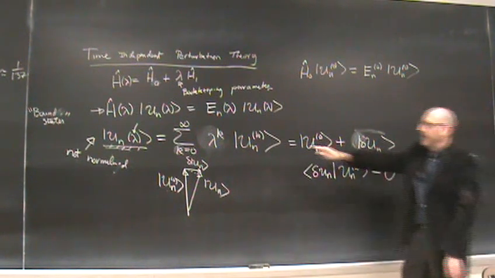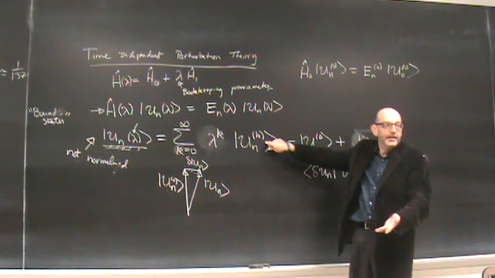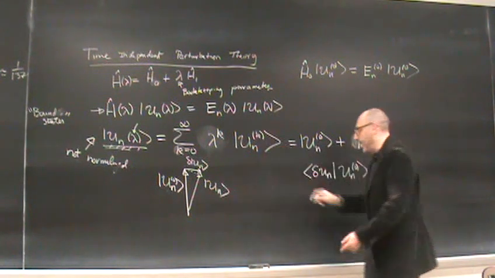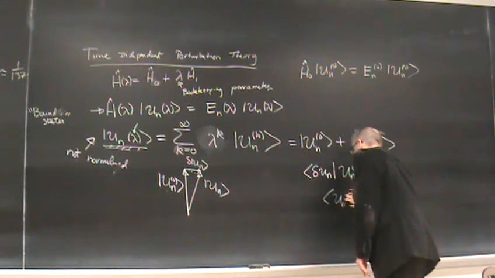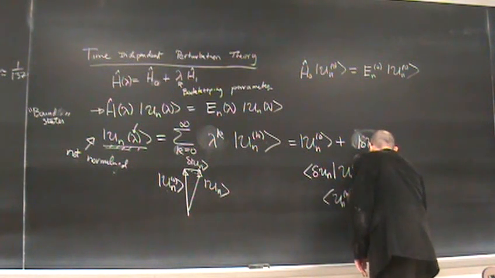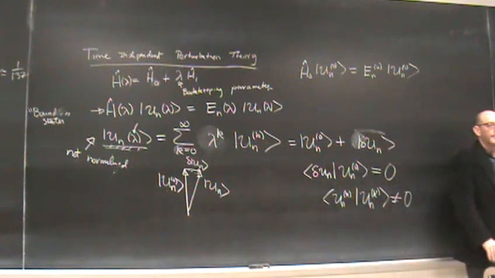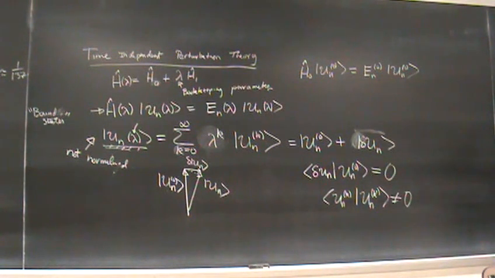Now notice these guys, I'm not saying anything about their orthogonality to one another or anything like that. Generally speaking, for two different k's, this is not zero. These are not orthogonal. I made no claim of that sort.